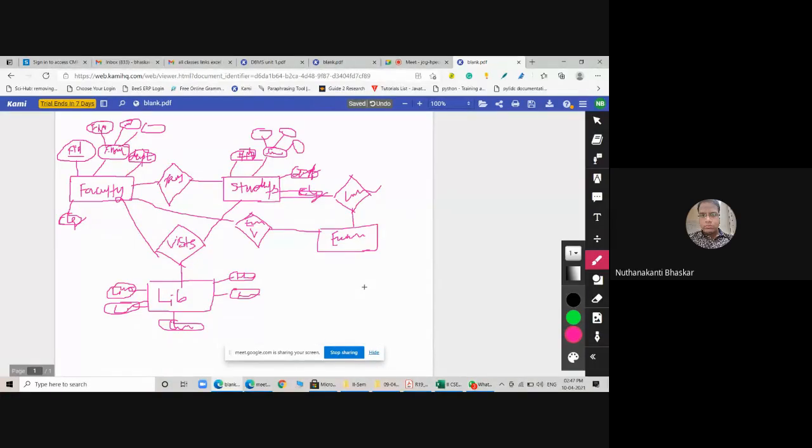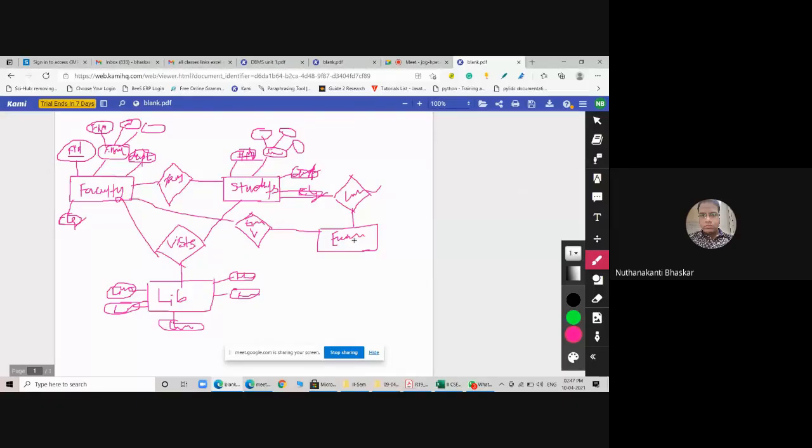Are you clear? Please arrange it in a proper way. I am not properly designing because of the online mode. It is not properly arranged by me, but you arrange. The faculty may be evaluating papers from the examination branch. Students are performing their exams from the examination branch.